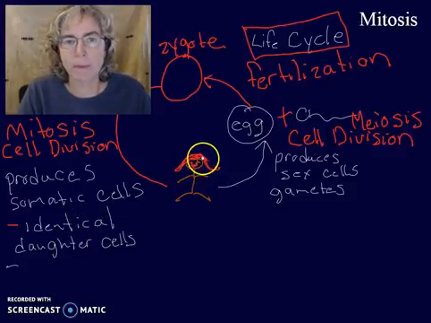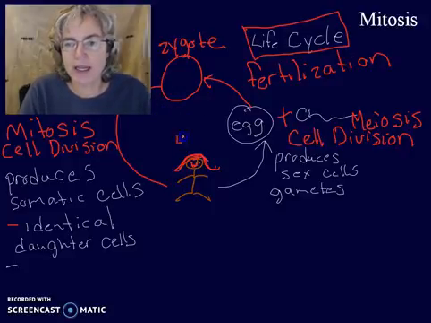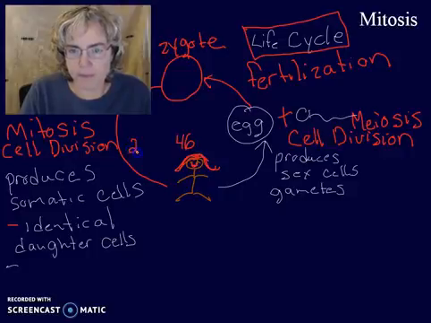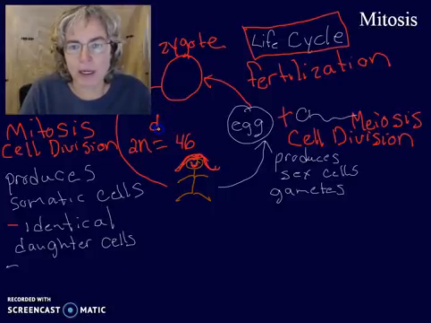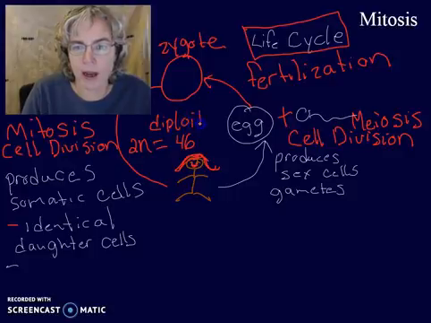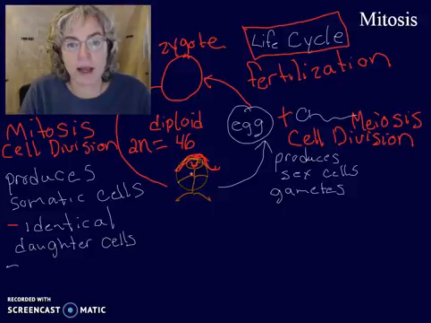So our human right here, she has 46 chromosomes. This is called diploid. She is a diploid creature with diploid cells.